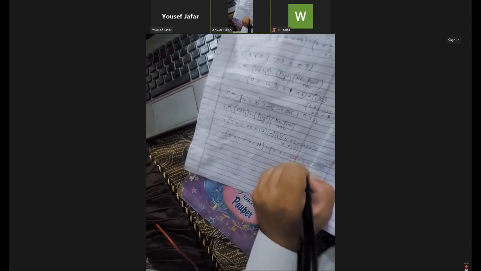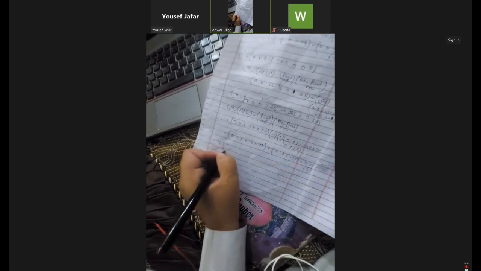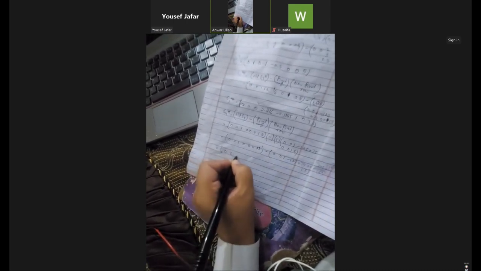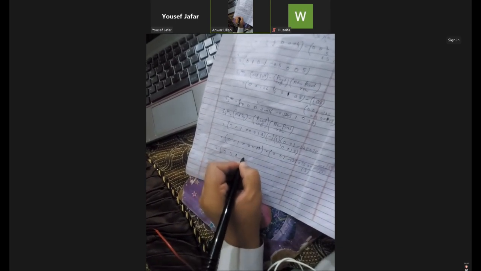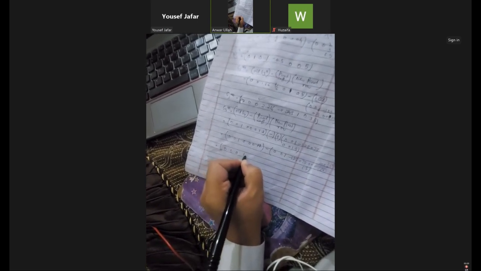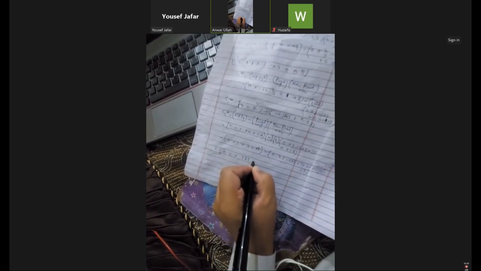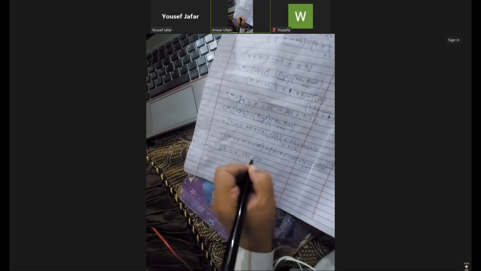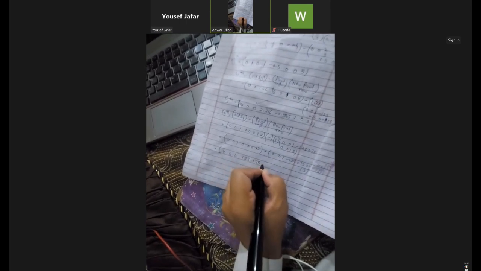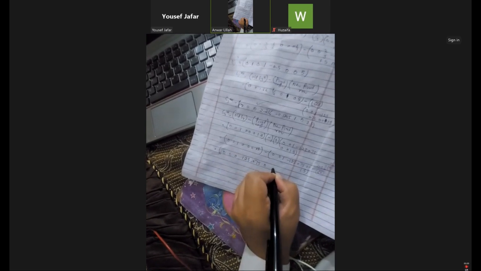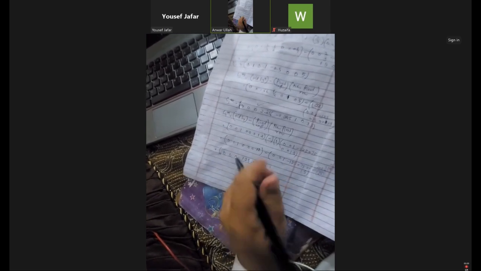0.75, 0 0 and 1.5. So we will get 0 minus 0 is 0, 0 minus 0 is 0, 1 minus 1 is 0, 0 minus 1.25 is minus 1.25, 0 minus 0.75 is minus 0.75, 0 minus 0 is 0, 1 minus 0 is 1, and 2 minus 1.5 is 0.5.